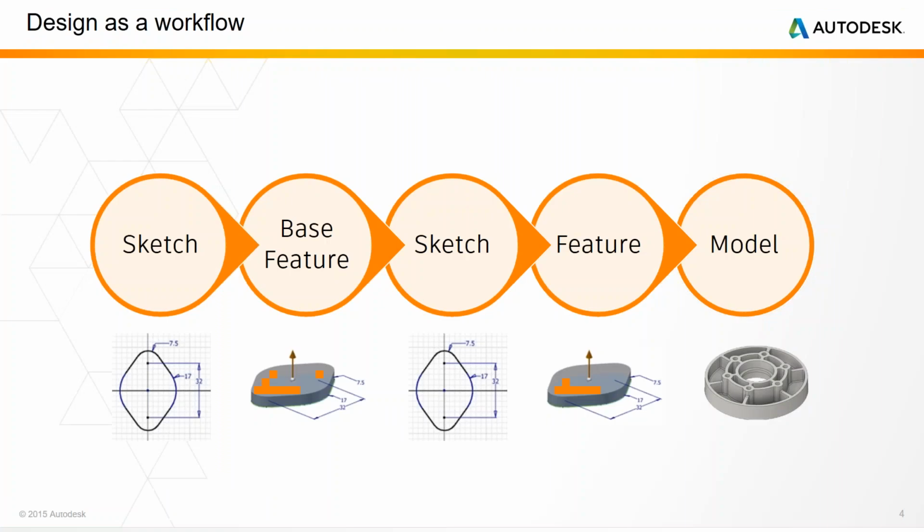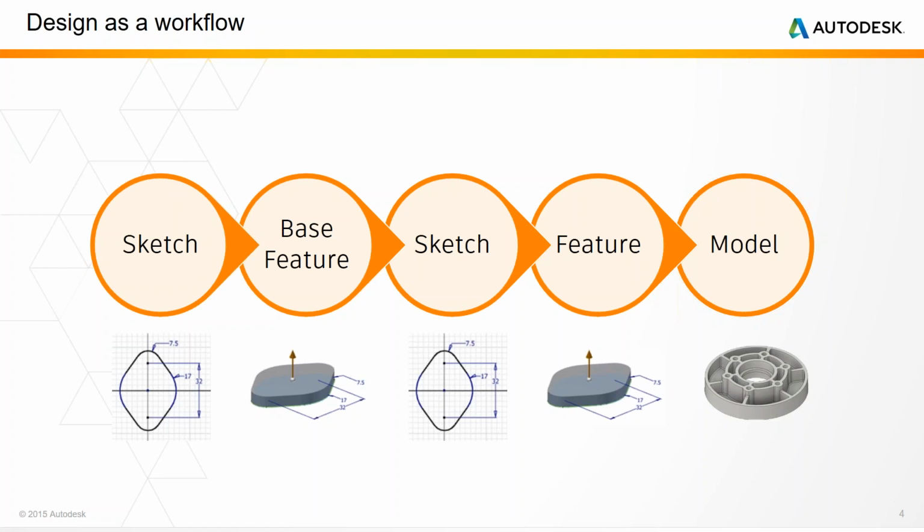In Inventor, we have a process to design something, design an object, design a model. So we need to start with a sketch. That can be a 3D sketch or 2D sketch. It doesn't matter, but we need to use a sketch. Then, based on that sketch, we need to use a base feature to create an object, using extrude or revolve or loft command, to shape an object.